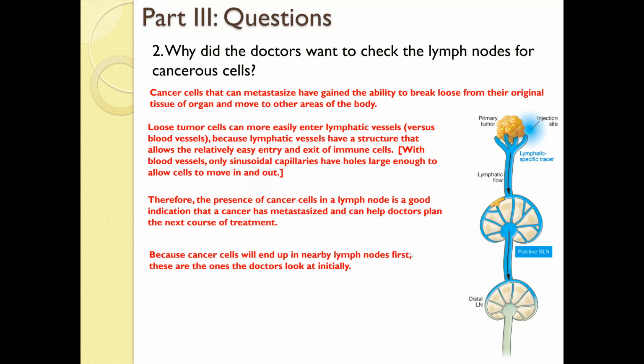And cancer cells will end up in nearby lymph nodes first, and so these are the ones the doctors will look at initially. So you are more likely to have cancer cells in a proximal lymph node than in a distal lymph node. Again, just because of the flow of lymph, so the cells are going to end up being lodged into closer lymph nodes first.